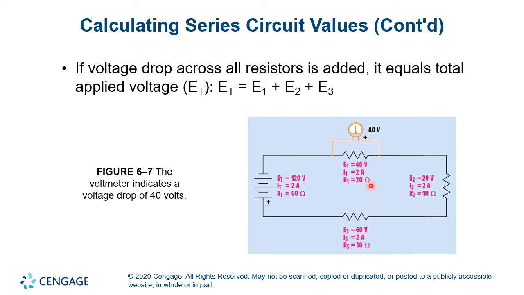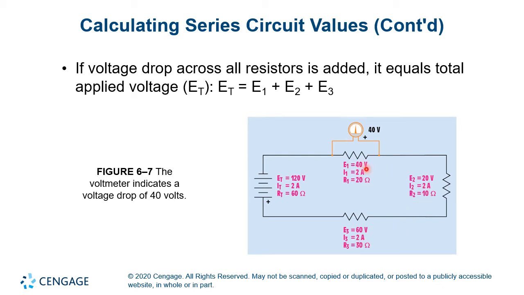So a 20 ohm resistor causes a 40 volt drop, a 10 ohm resistance only causes a 20 volt drop, and the 30 ohm resistance causes a 60 volt drop. And of course, the constant here is the current, 2 amps through 1, 2 amps through 2, 2 amps through 3.